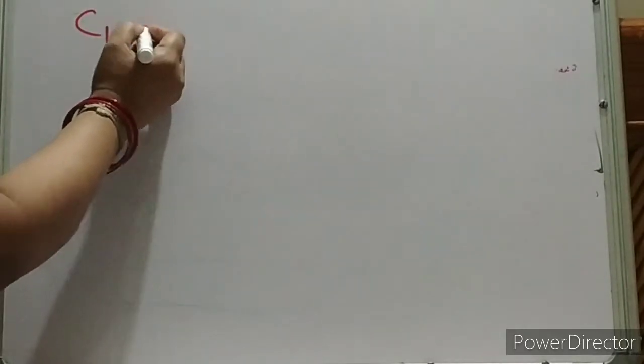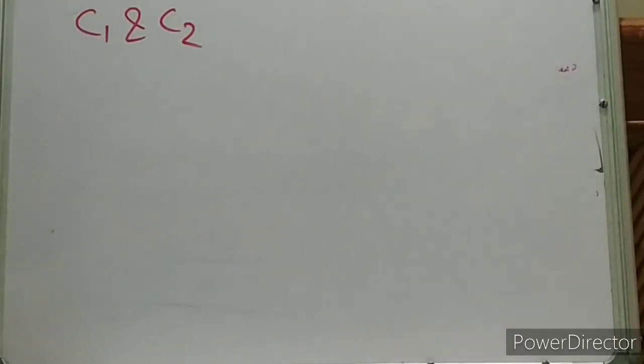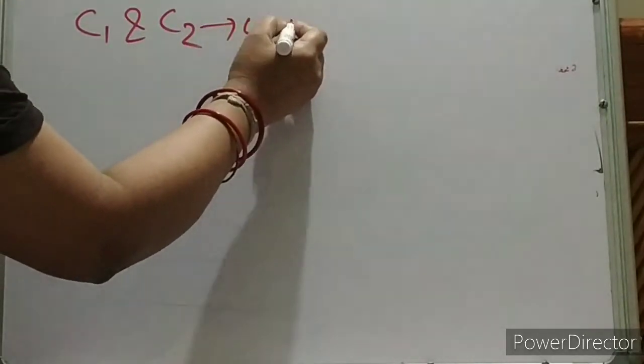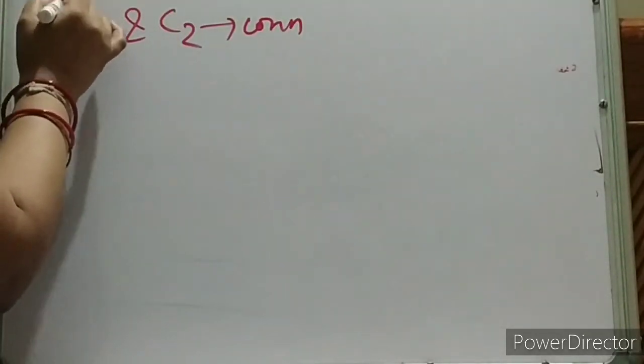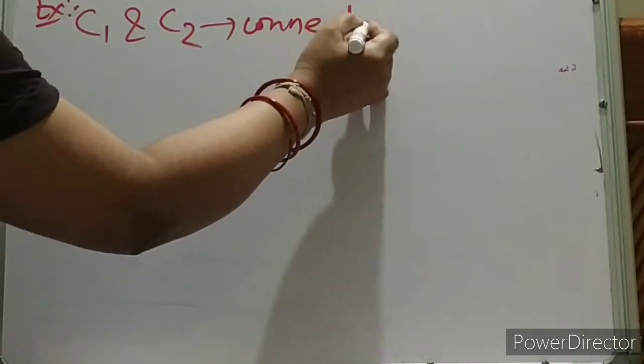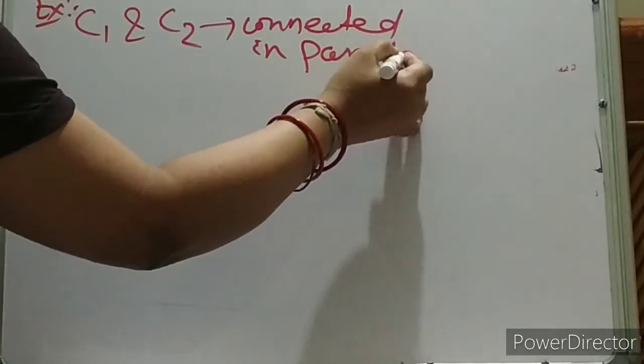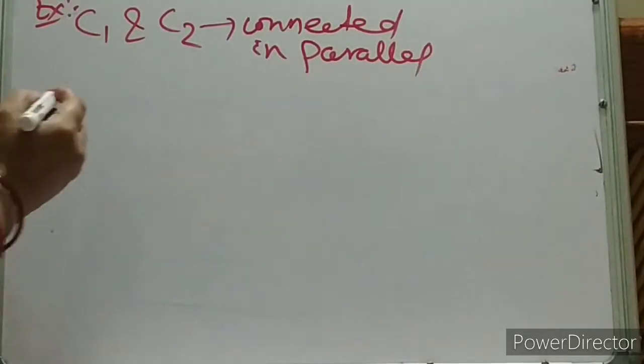See, one example. Capacitors C1 and C2. Two capacitors are given, connected in parallel. This is the example we are discussing. Okay, values are given.